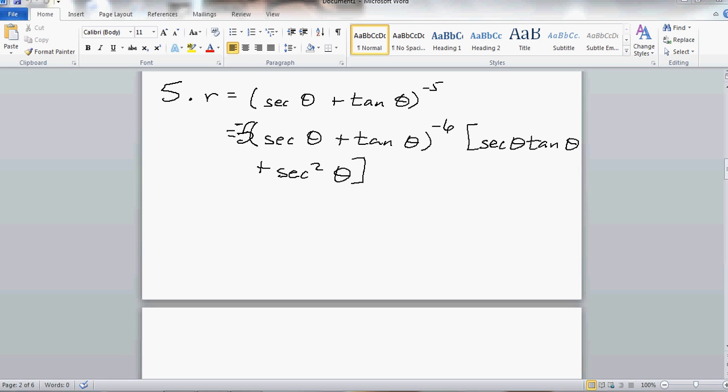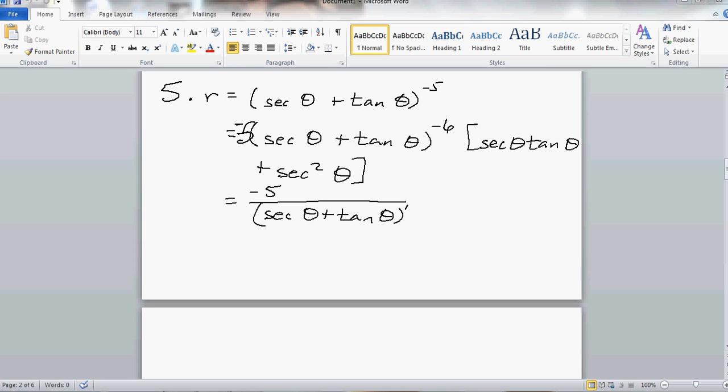And so it's all this right here times this, and then we just need to write it into a more user-friendly form, I guess is the way to look at it. And so here we go. We end up with negative 5 on the top, secant of theta plus tangent of theta raised to the negative 6th.